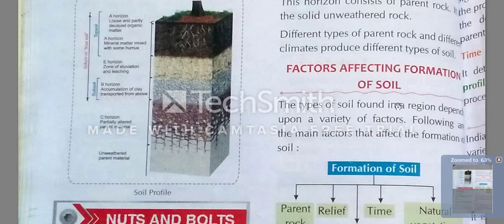In a particular region, different places have different types of climate, soil and parent rock. The following are the main factors that affect the formation of soil.